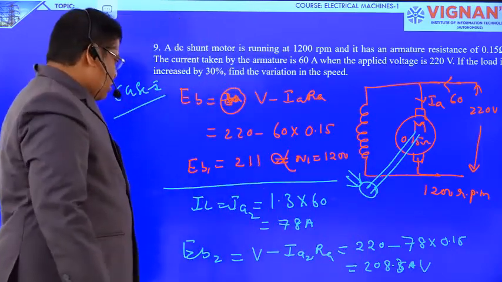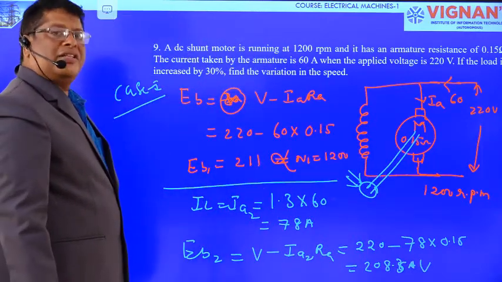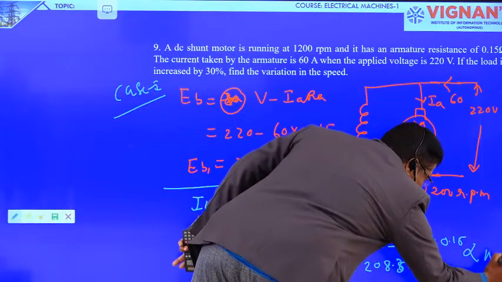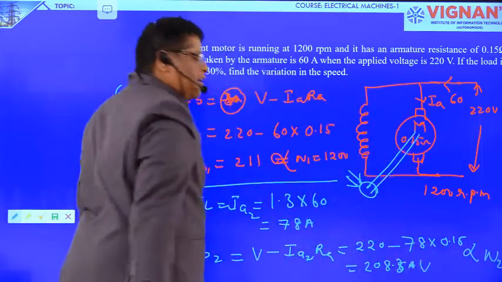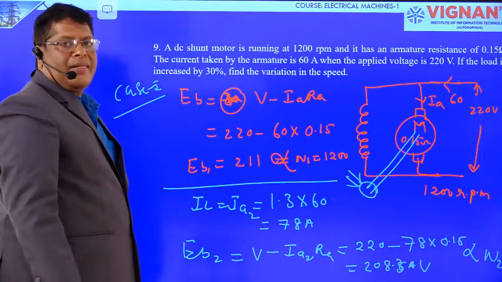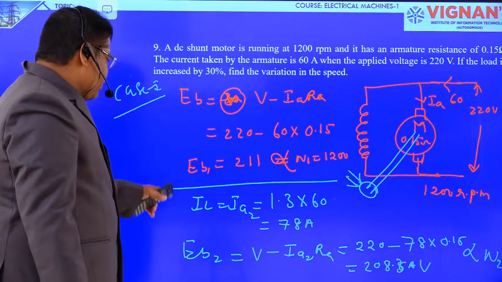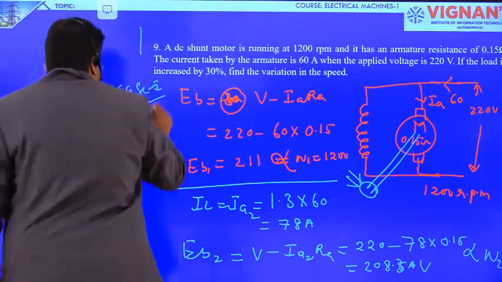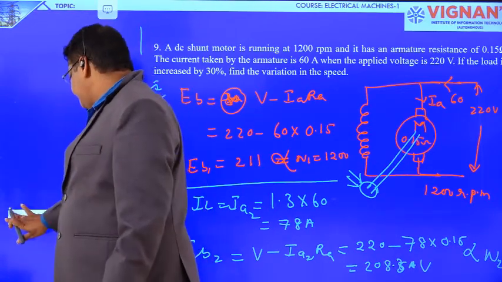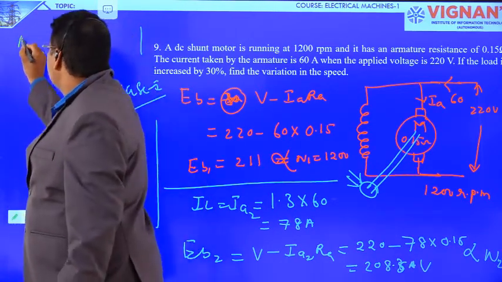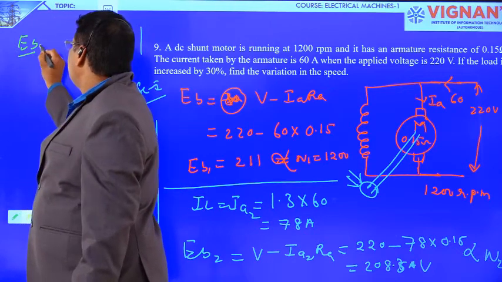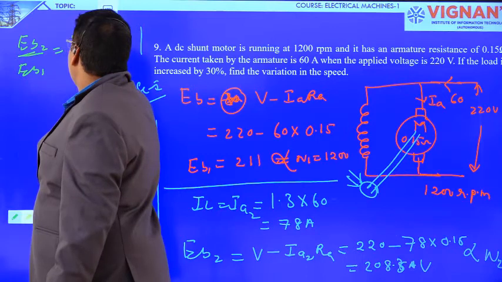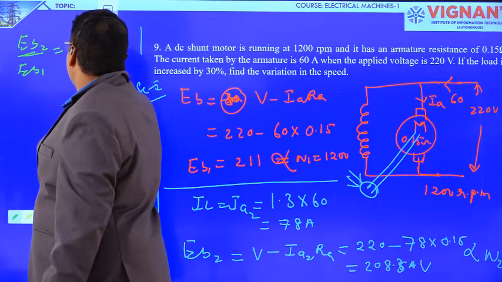208.3 volts. Now, in this case, we are assuming that the motor will be running at a speed of N2, and N2 is proportional to EB2. Now take the ratio between EB2 and EB1. EB2 by EB1 equal to N2 by N1.